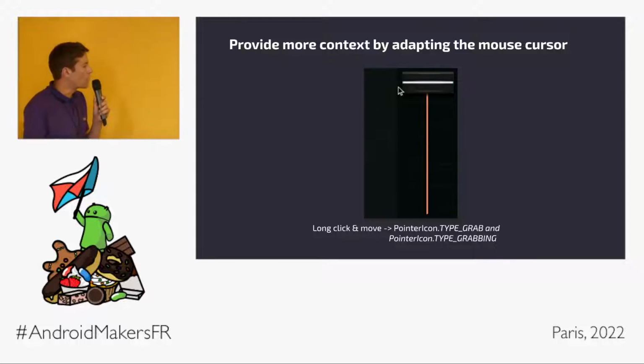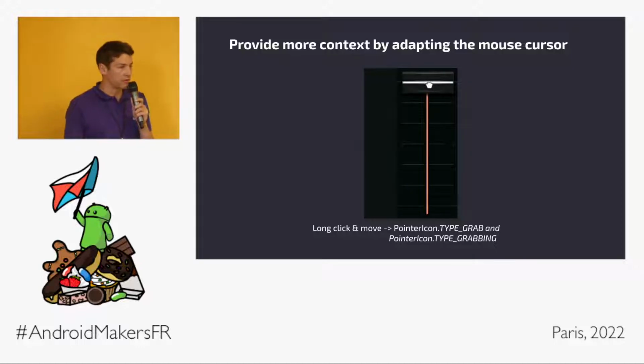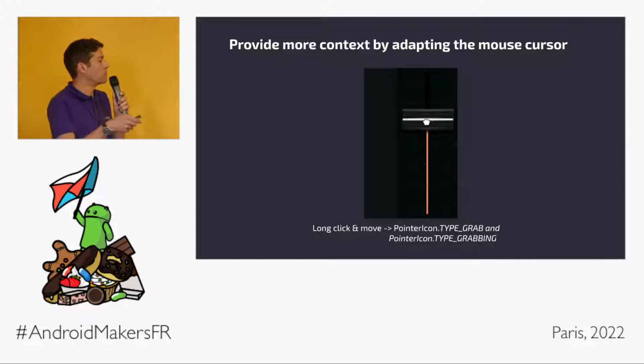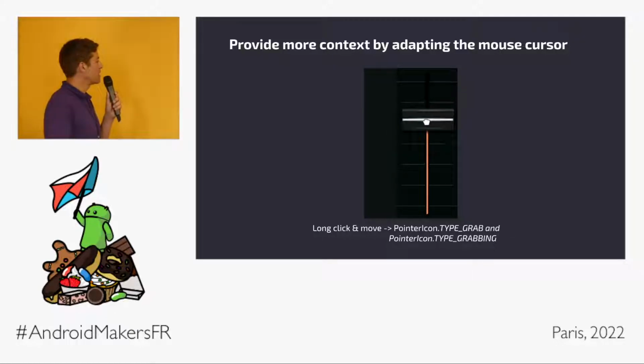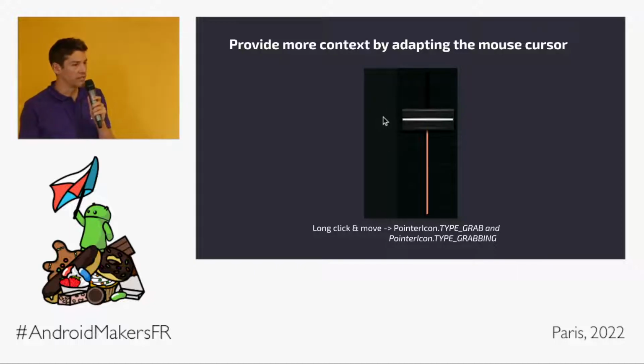Our custom view overrides the onTouchEvent method to be notified of click and movement of the pointer. And when we receive a MotionEvent with action down, we can change the pointer by setting the type grabbing icon, the closed hand icon.